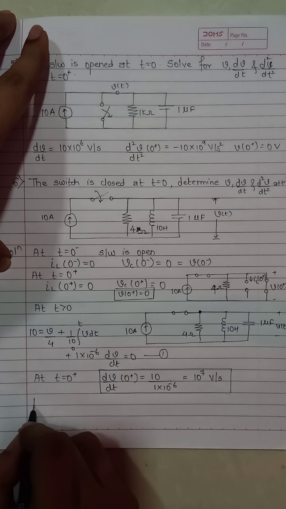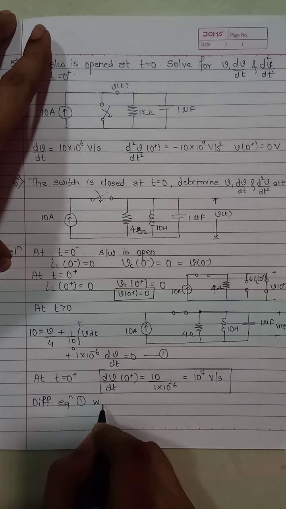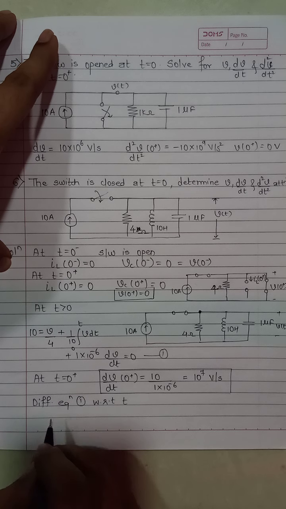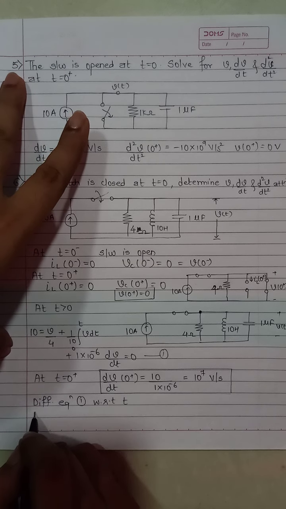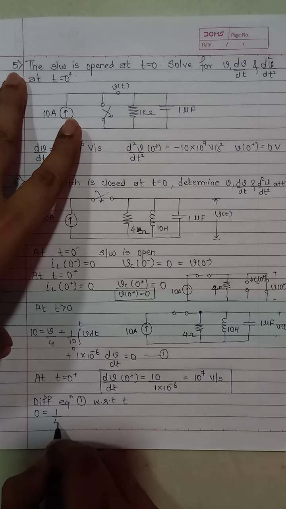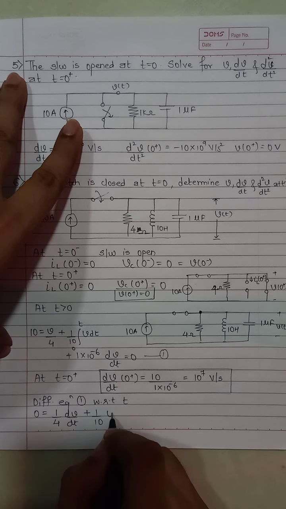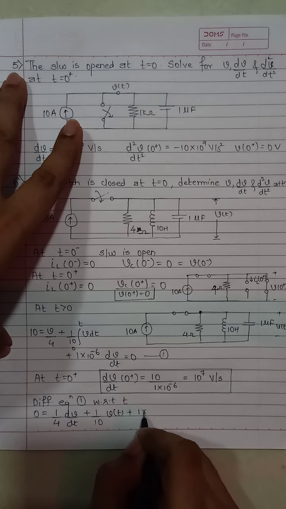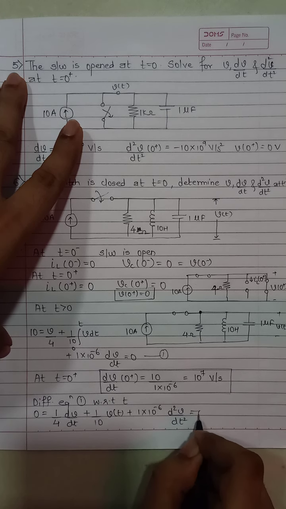I'll differentiate equation 1 with respect to t. So it will give me 0 equals 1 by 4 dv by dt plus 1 by 10 v, that is v of t you can write, plus 1 into 10 raised to minus 6 d square v by dt square is equal to 0.